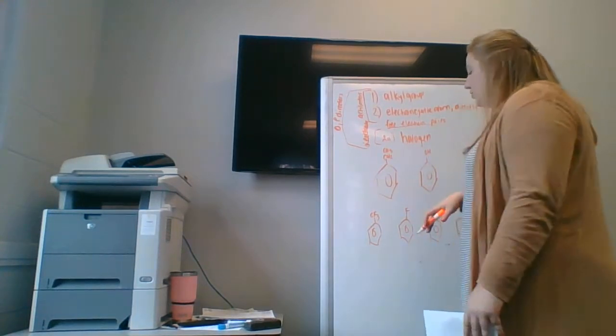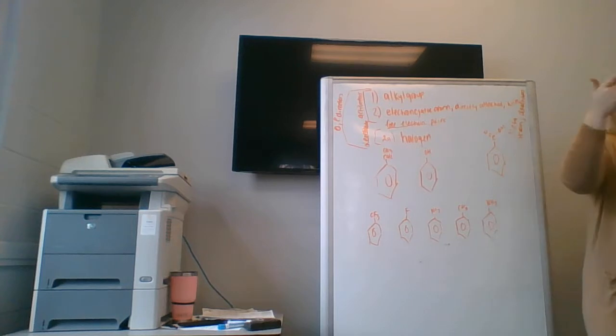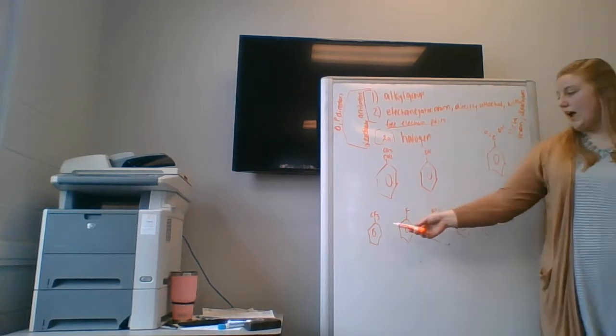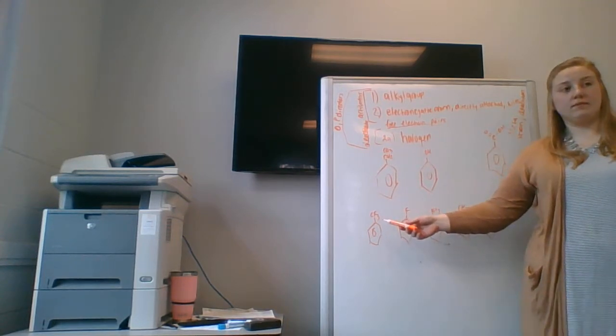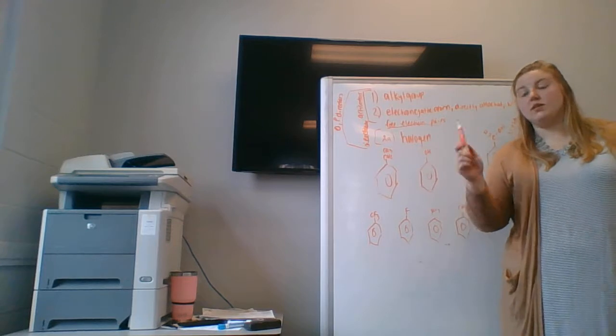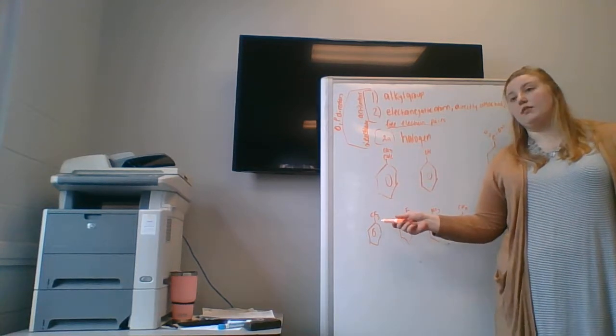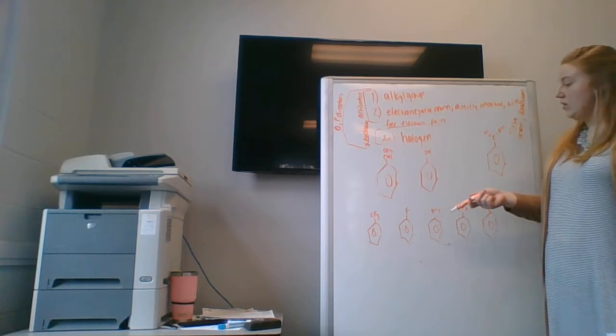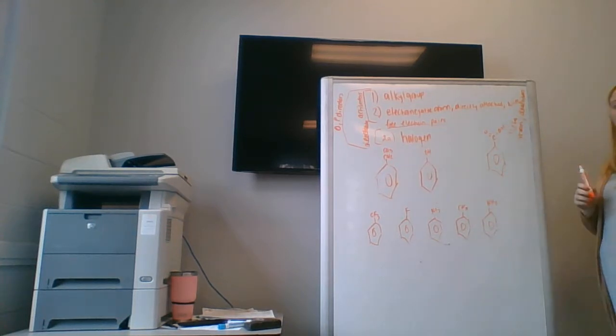For each of these, I want you to tell me whether it's an activator or a deactivator, and then where it's going to direct. Deactivator, because the carbon is directly attached to the ring, there's no free electron pairs, and the carbon itself is not electronegative. For the halogens, it has to be directly attached.